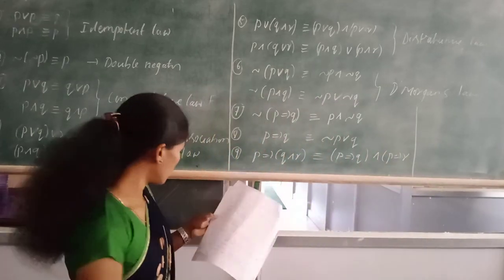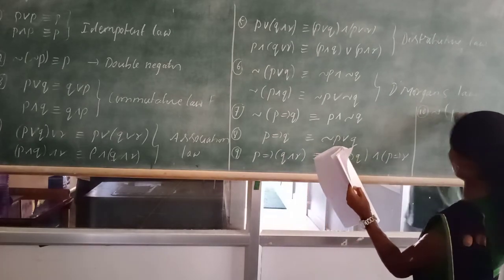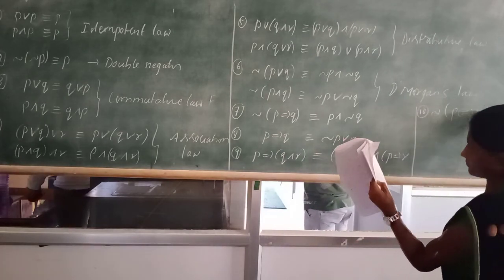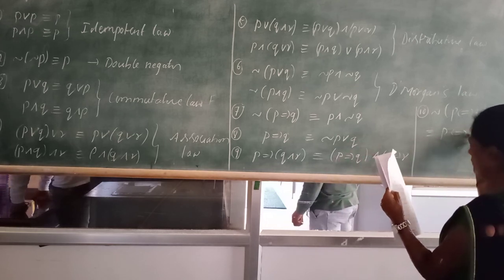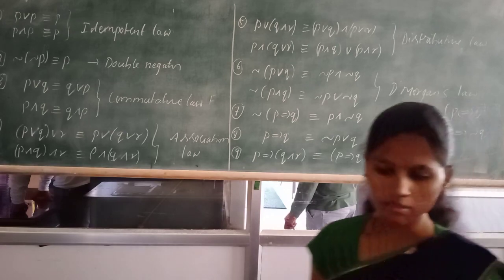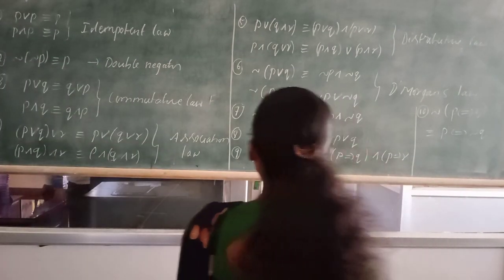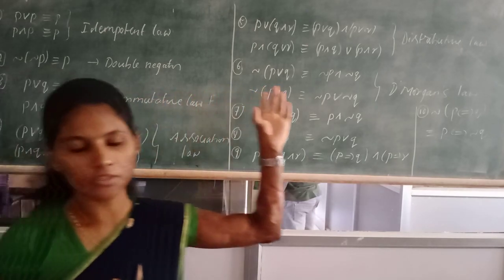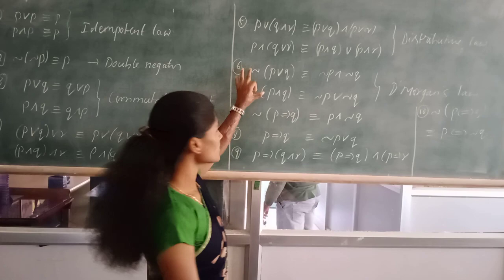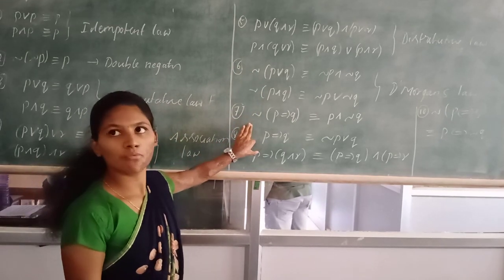And for the 10th, negation of P implies Q is equal to P implies negation of Q. So these are the 10 important standard formulas. These are used in the construction of truth tables and in finding the negation of the given statements.